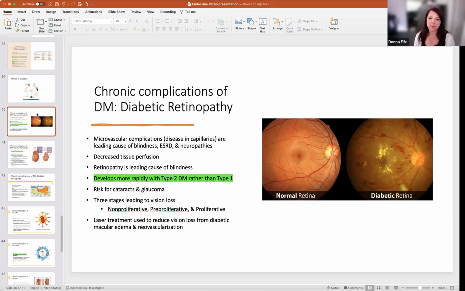This develops more rapidly in type 2 diabetes than type 1. There's a risk for cataracts and glaucoma, and there are three stages leading to vision loss: non-proliferative, pre-proliferative, and proliferative. Laser treatment is used to reduce vision loss from diabetic macular edema and neovascularization.